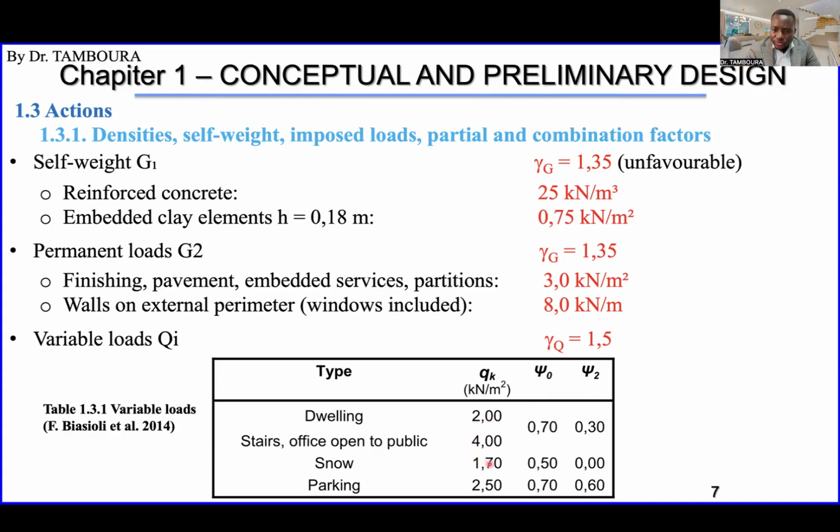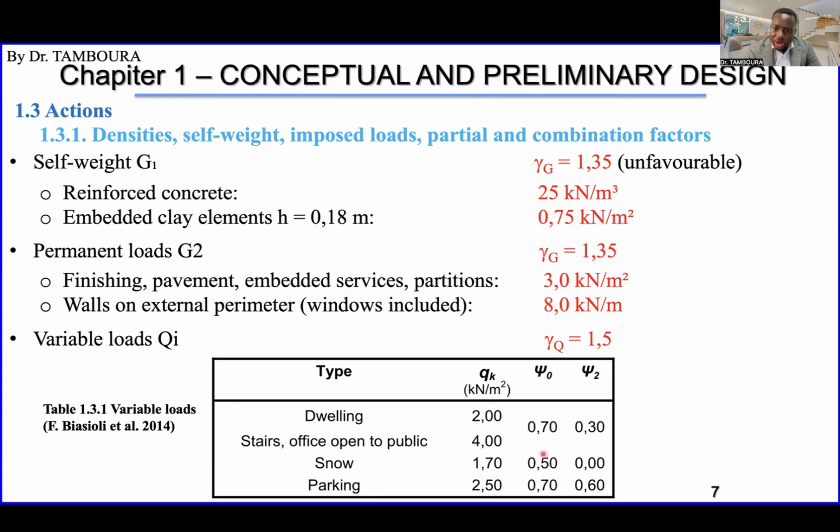It means you will not consider this full value, since this value is not permanently applied on the building. Like if we take the example of snow. Snow is not permanently on the building. Sometimes the sun comes out, snow melts, or in some countries snow is maybe just 3 months. So depending on where you are, you need to apply this.